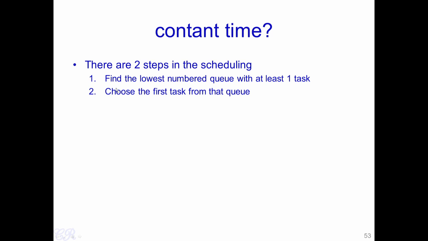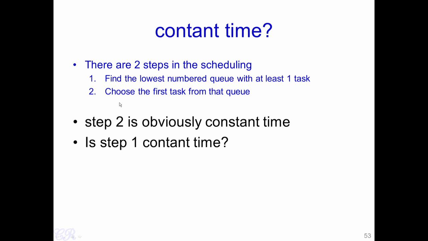First is to find the lowest numbered queue with at least one task present in the corresponding ready queue. Second, choose the first task from that ready queue. Now, how are these two things constant time? It is quite obvious that the second step is constant time. Essentially, we are choosing from the head of the queue, and that is obviously done in a fixed amount of time irrespective of the size of the processes.